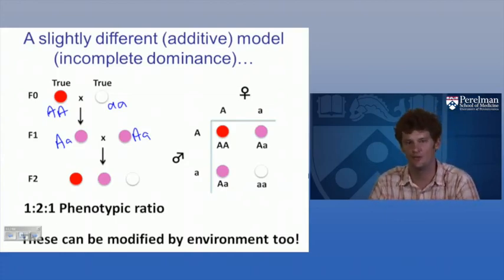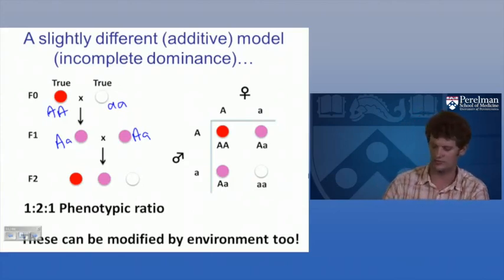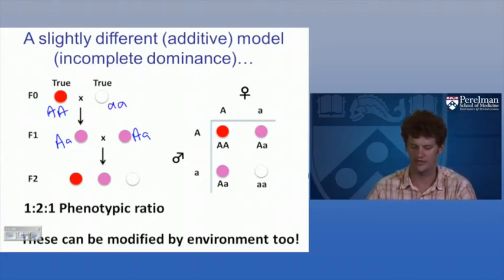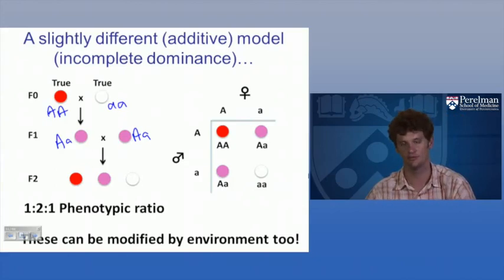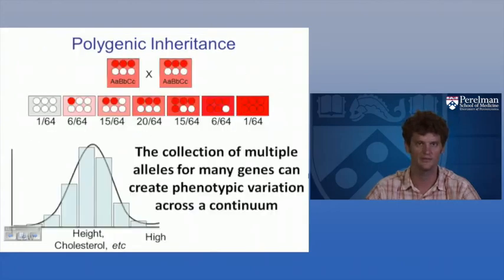So you're halfway in between. This would be incomplete dominance. And now you get this 1 to 2 to 1 relationship in the Punnett square, and you add some blurring from environmental influence, and this actually can explain a lot of fairly broad quantitative divergence already.